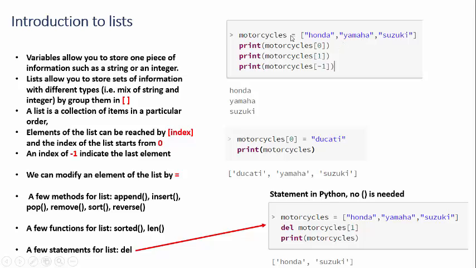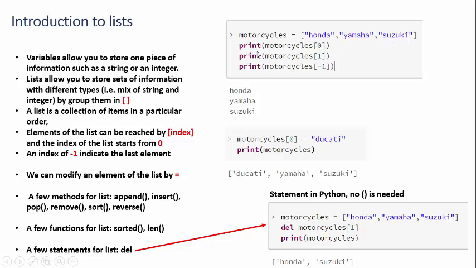So motorcycles is a list which has 3 string elements: Honda, Yamaha, and Suzuki. Those are indexed by numbers. The first index is 0, the second index is 1, the third index is 2.